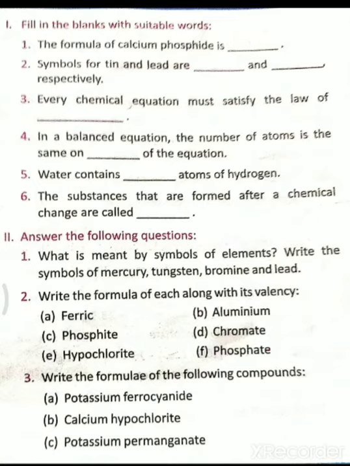Then write the formula of the following compounds. Potassium ferrocyanide. So you know the steps you have to follow while writing the formula of compounds. First you have to write the symbol. For potassium you will write K, and the formula of ferrocyanide is FeCN6.